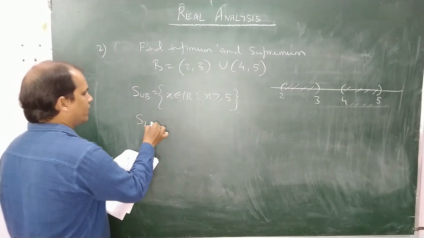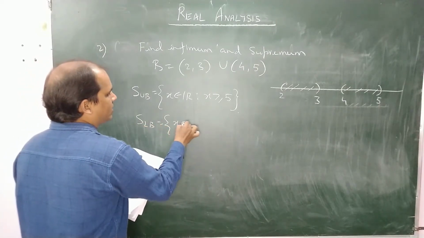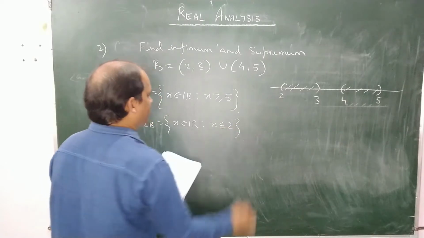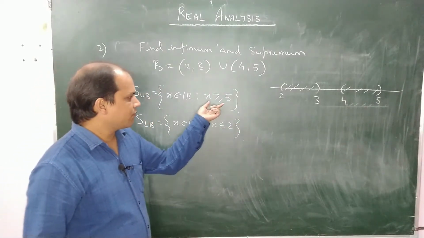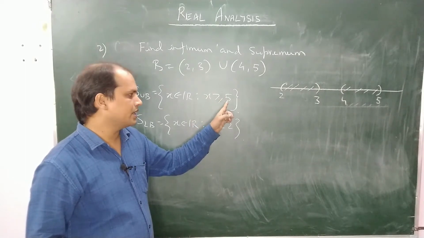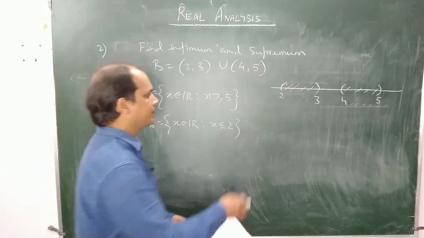Similarly, the set of all lower bounds will be all those numbers such that x is less than or equal to 2. From the set of all upper bounds, the least one is called the supremum. So it is clear from here that the supremum will be 5.